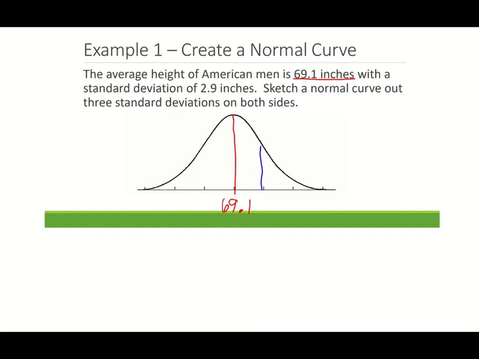So 69.1 plus 2.9 gives me 72. If I want to go to 2 standard deviations, I'm adding 2.9 to 72, which is going to be 74.9.